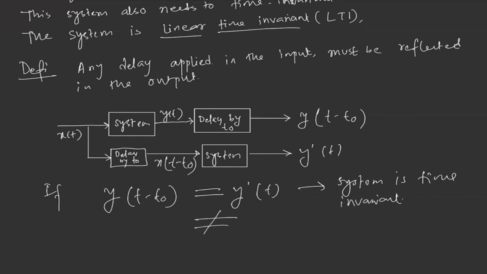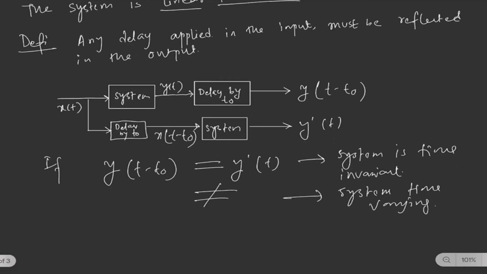If it is not satisfied, then we can say the system is time varying. So this is how we can check whether the system is time varying or not. Here basically most systems where the coefficients are assumed to be constant are time invariant systems.